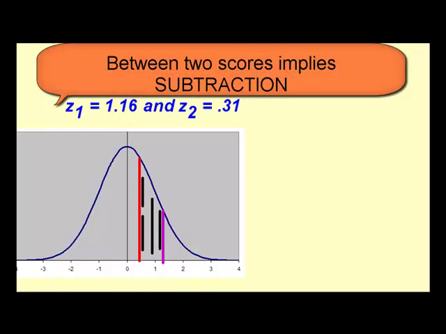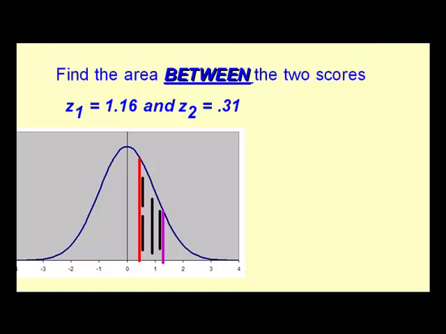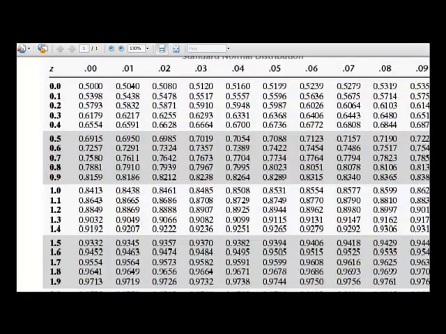We don't subtract areas, we subtract probabilities, which means we need a probability from the z-score of 1.16. 1.16 has an area of 0.8770.